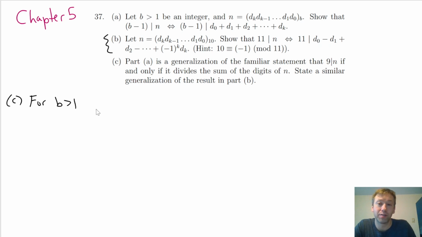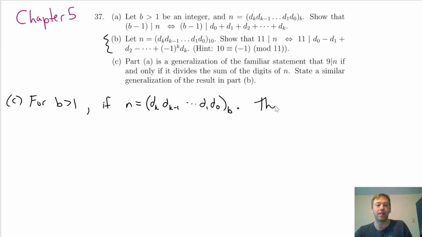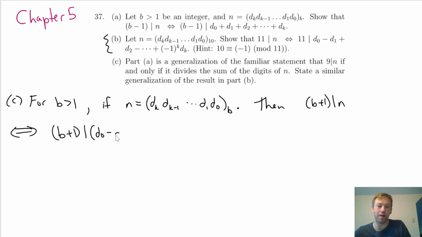So the statement of the generalization is: for b bigger than 1, if n is equal to dk dot dot dot d1 d0 in base b, then b plus 1 divides n if and only if b plus 1 divides this alternating sum d0 minus d1 plus d2 minus dot dot dot up to plus negative 1 to the k dk.